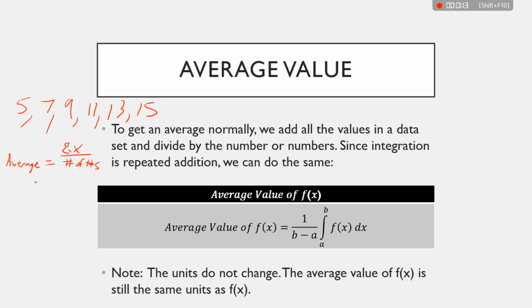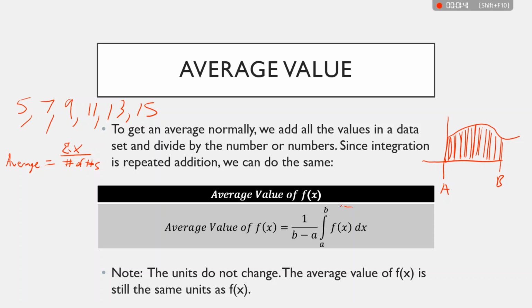Okay, that's kind of the same idea that we're going to be doing when we want to get the average value of a function. So I'm going to sum all the numbers together, which means adding up all the y values, and that's exactly what we do when we integrate, actually. So when I integrate, I'm adding all of the y values together for a function from x equals a to x equals b.